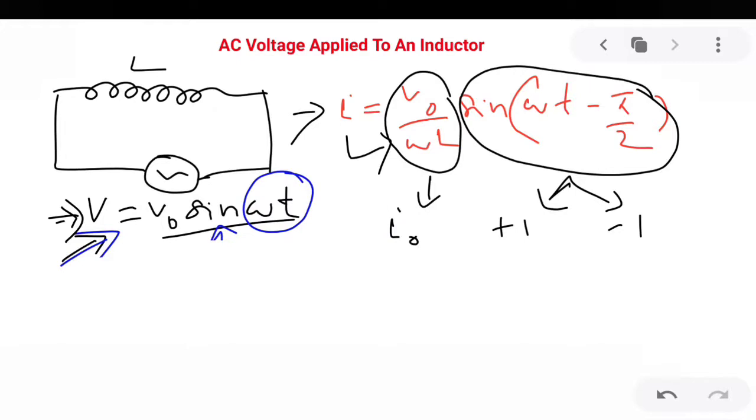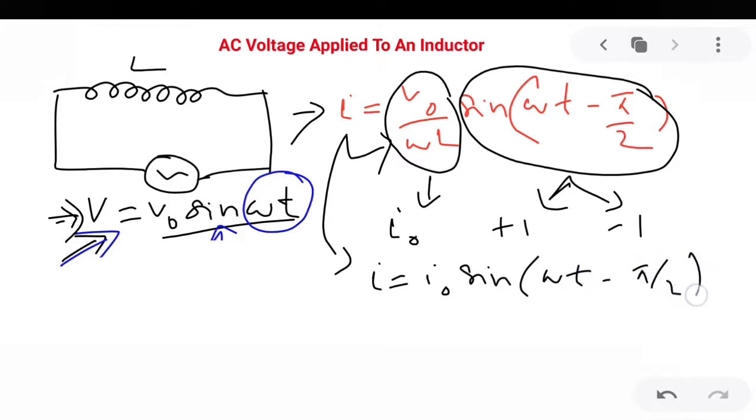So we can write this equation as I is equal to I naught sine omega t minus pi by 2.